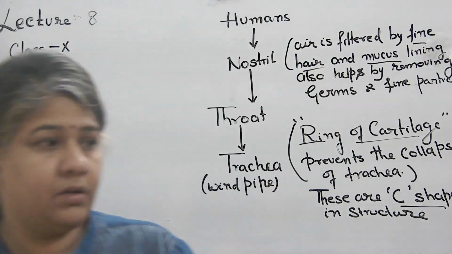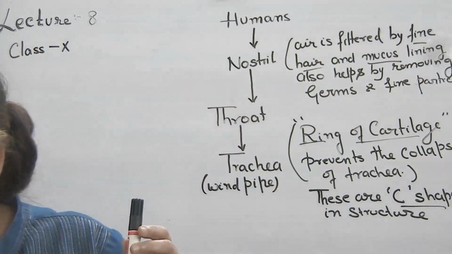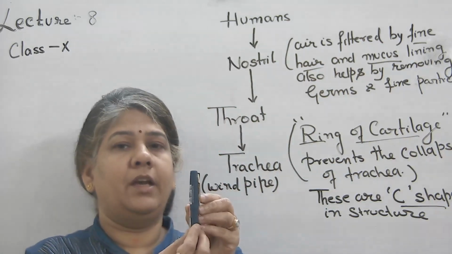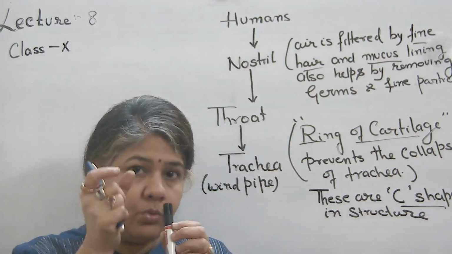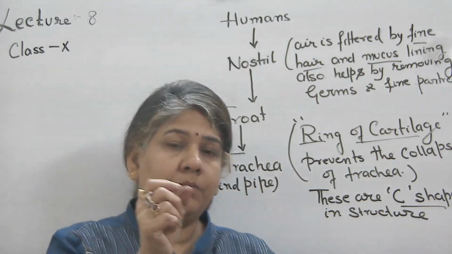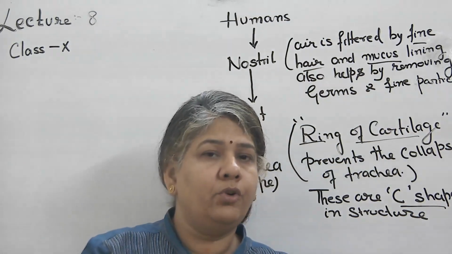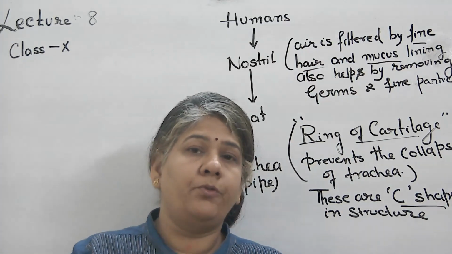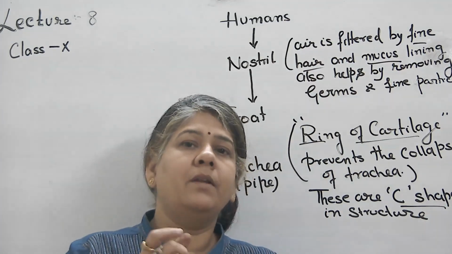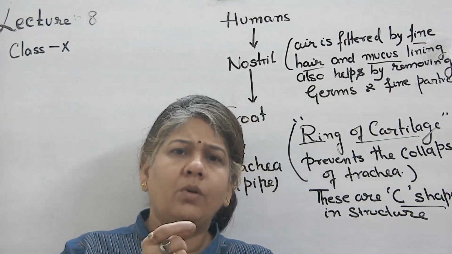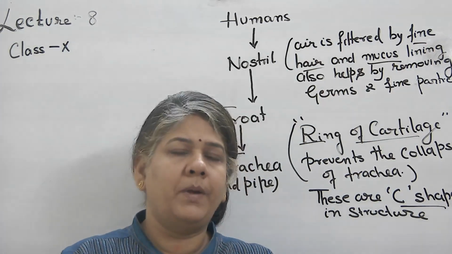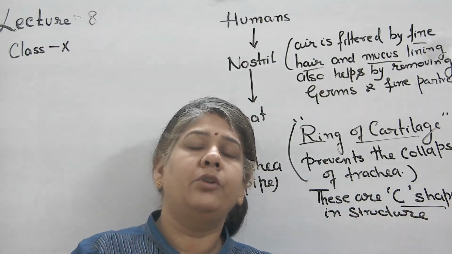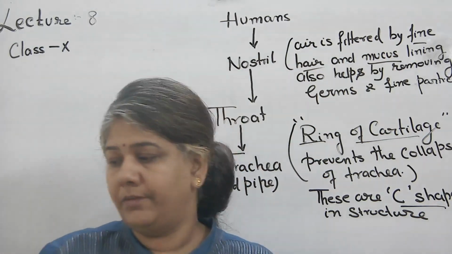When food is passing through the esophagus, it expands, so there should be some space for expansion. When the esophagus expands, the tracheal pipe will collapse a little, allowing it a space. So this is basically for space adjustment.